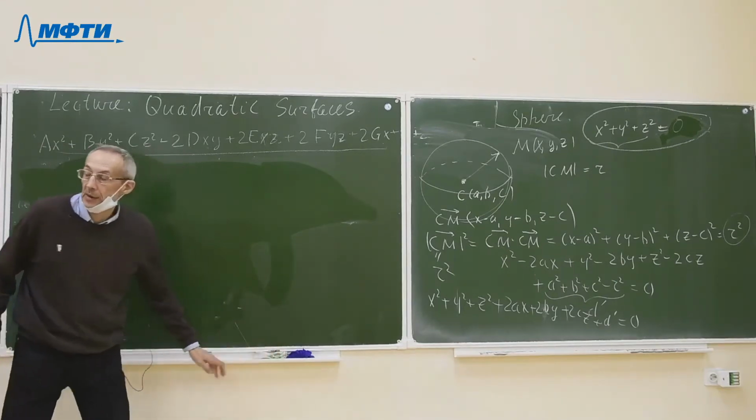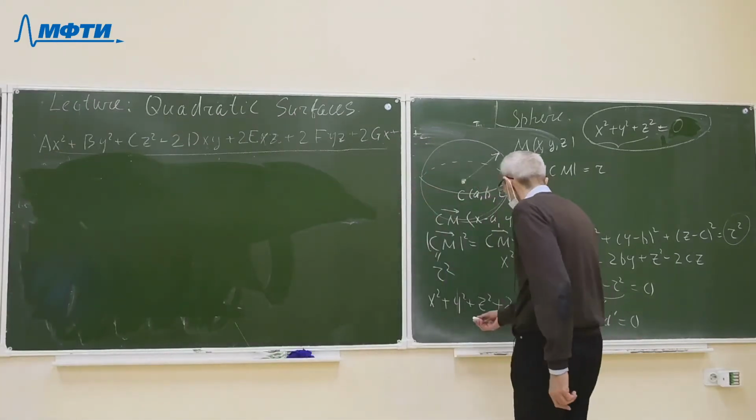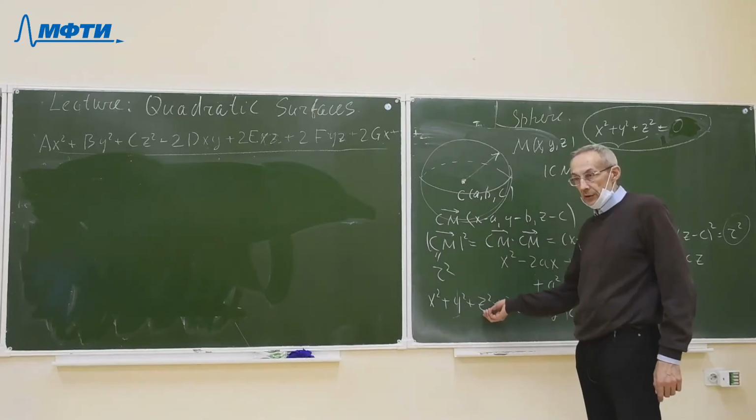Professor, sorry, why is the last equation the general form of a sphere? Why is this equation a general equation of the sphere?